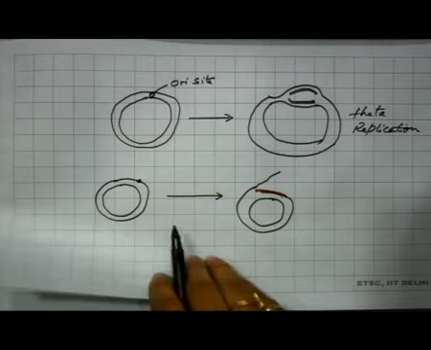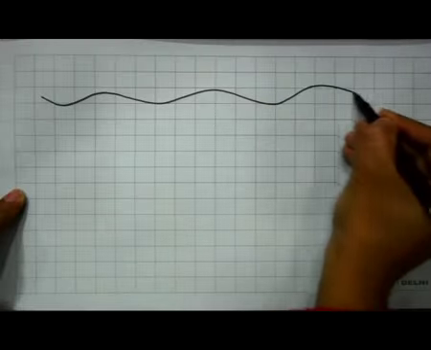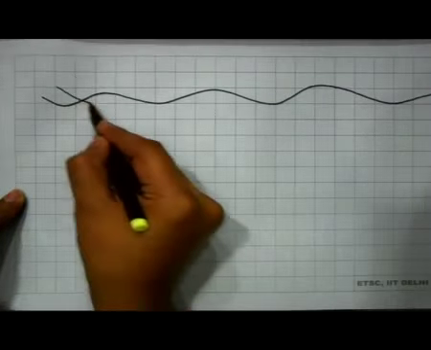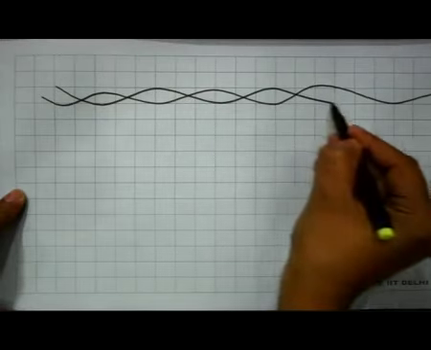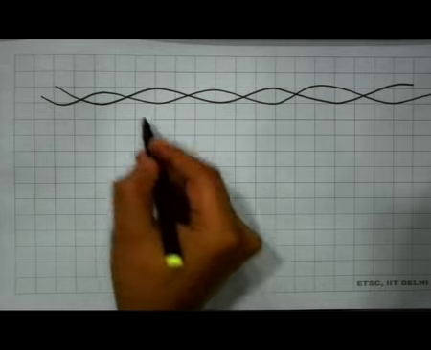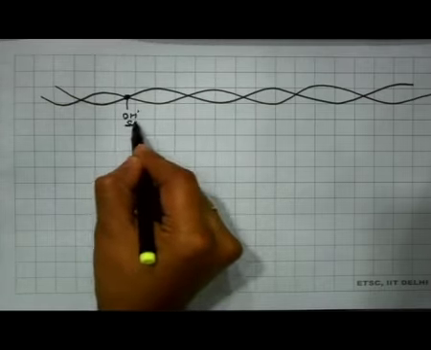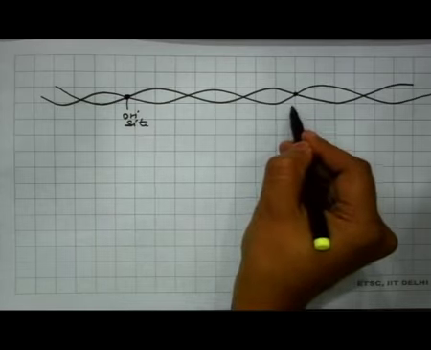And the last type is linear eukaryotic replication, in which the DNA will be replicated at multiple sites wherever the origin will be there. Suppose here we have an origin, here we have an origin.